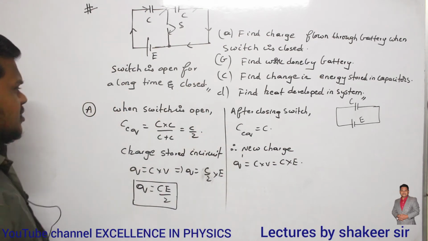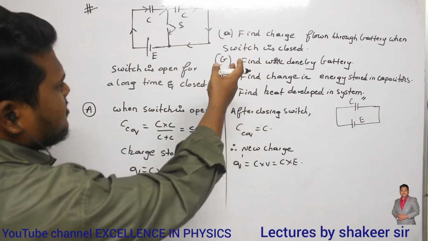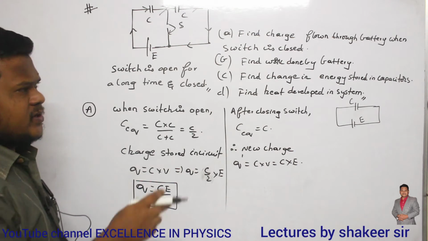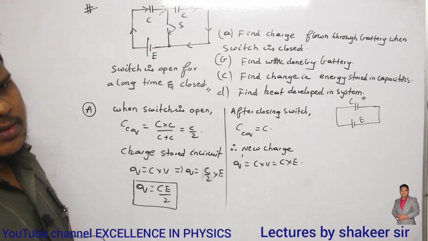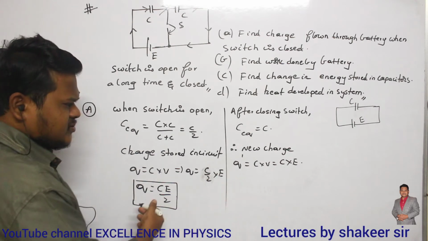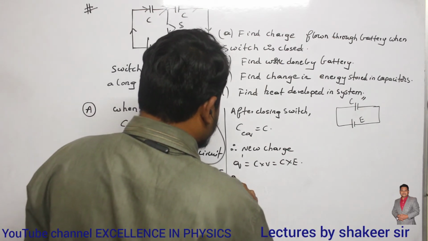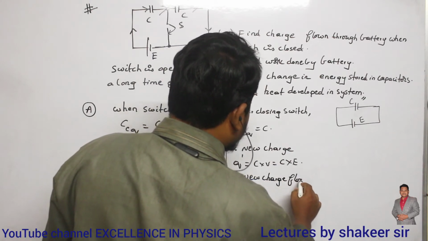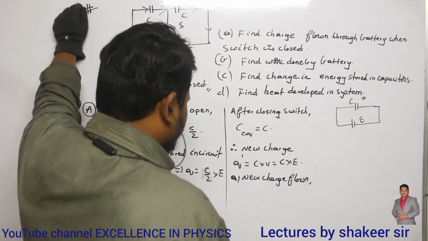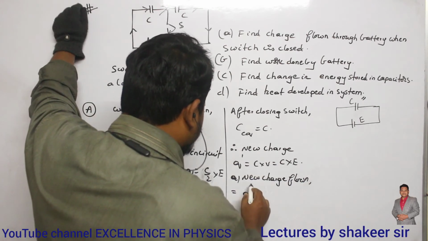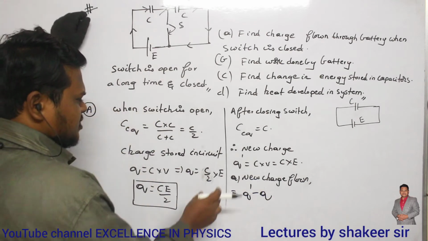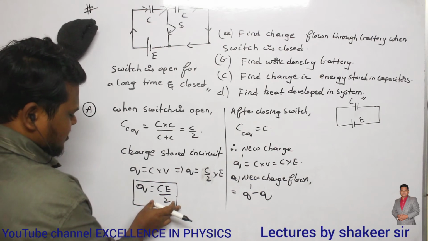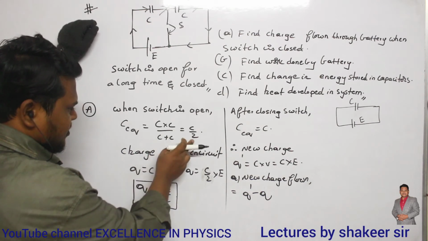Now the first question: find the charge flown through the battery when the switch is closed. When you close this switch, the additional charge that will flow through the battery is the difference of these two charges. So the new charge flown is Q dash minus Q. In the second condition, the charge is greater because capacitance is greater; in the first condition, the charge is lesser because capacitance was lesser.